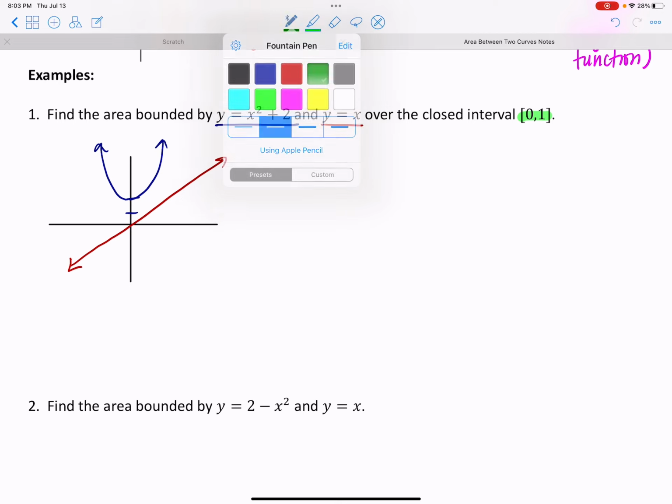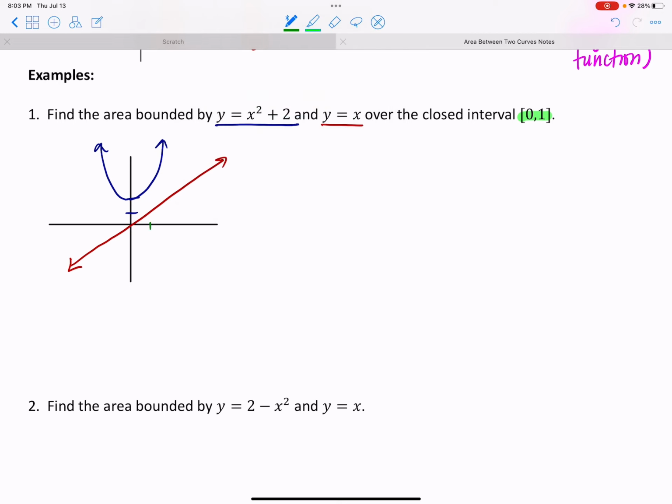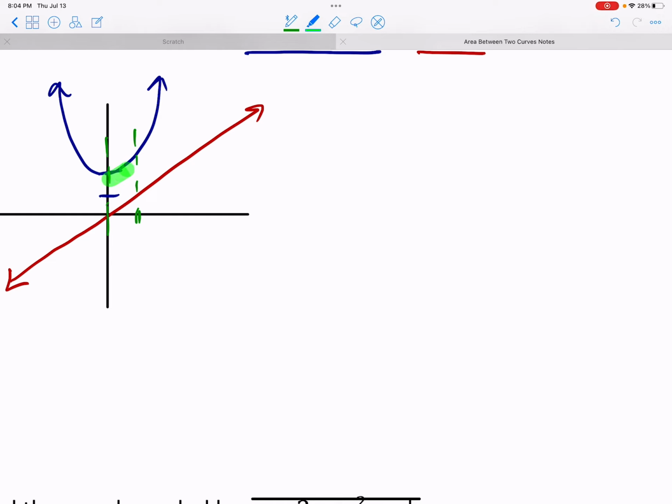So from 0 to 1, that would be this little area. These are our vertical boundaries here from 0 to 1. So the area we're trying to find is this space in here that's bounded by those two vertical boundaries and those two graphs.